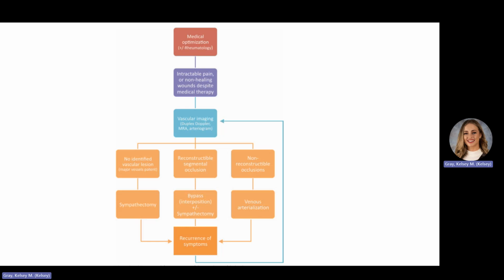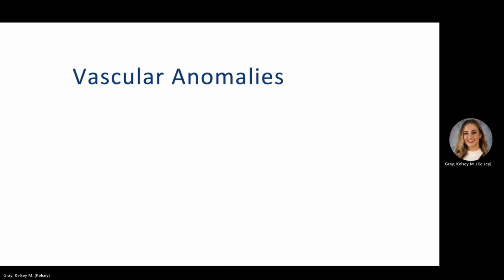If there is a reconstructible segmental occlusion, then a bypass or interposition plus or minus a sympathectomy would be indicated. And if there are no reconstructible occlusions, then venous arterialization should be undertaken. And if recurrence of symptoms happens, then you would return back to repeat imaging.